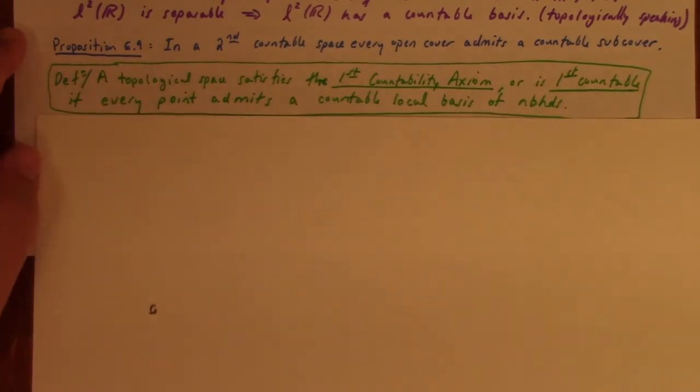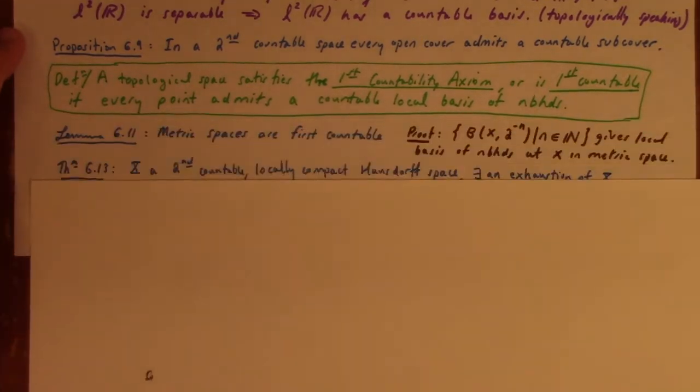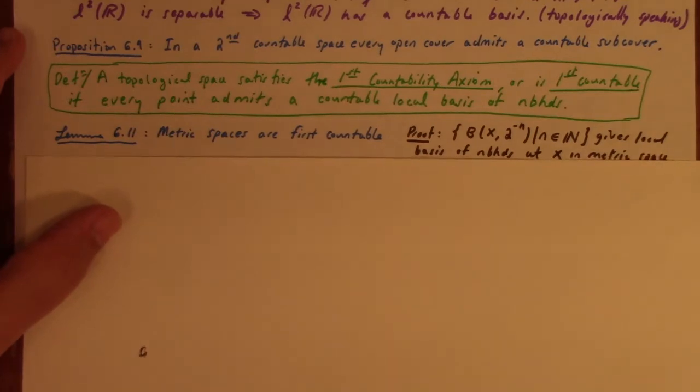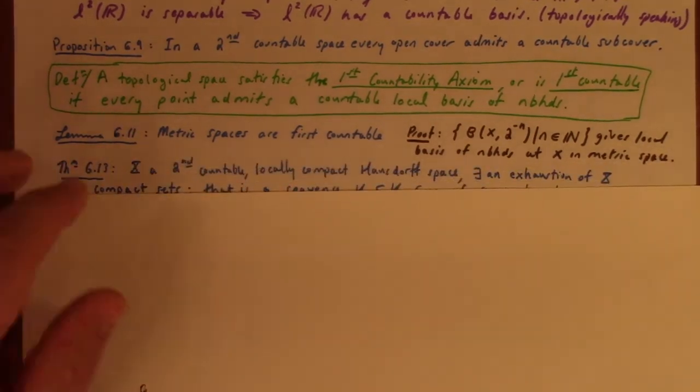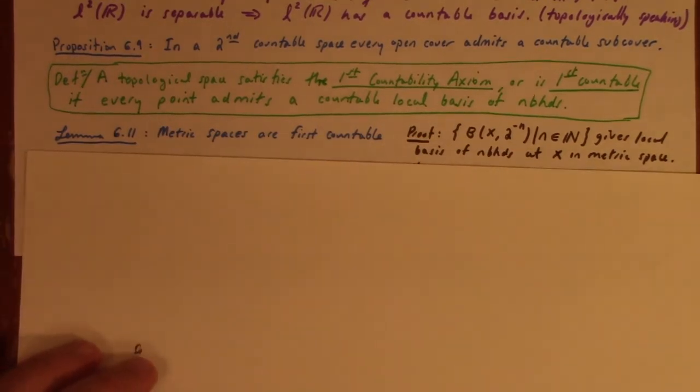A topological space satisfies the first countability axiom, or is first countable, if every point admits a countable local basis of neighborhoods. Metric spaces are first countable. I'm not doing too many proofs in this lecture, but here's one I thought I could fit in.